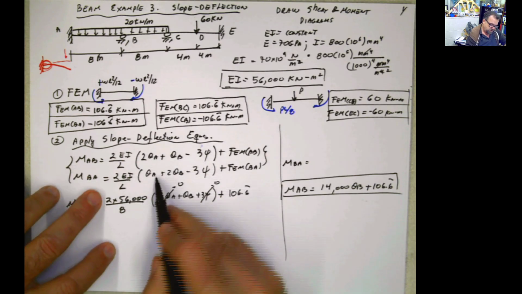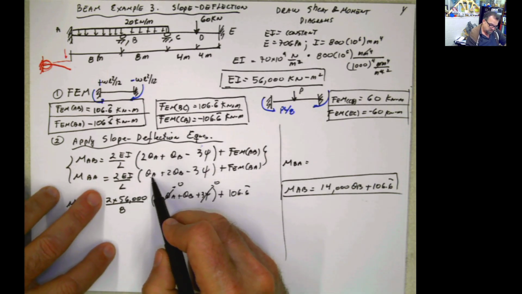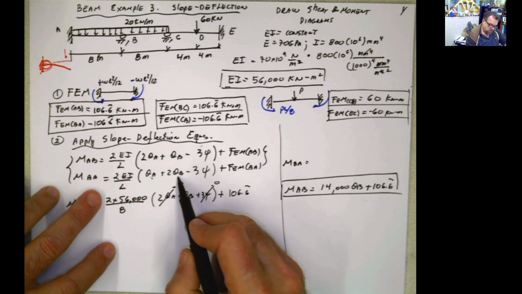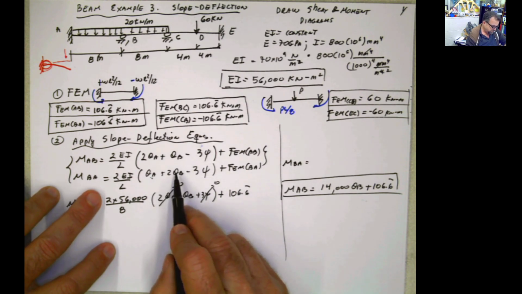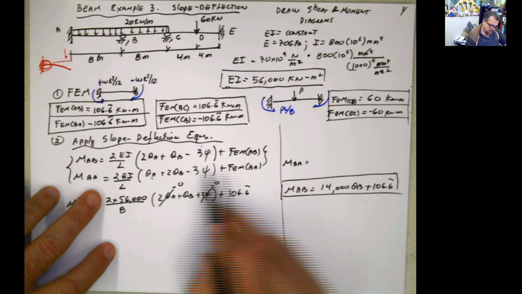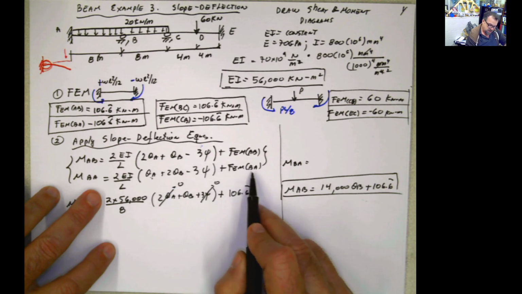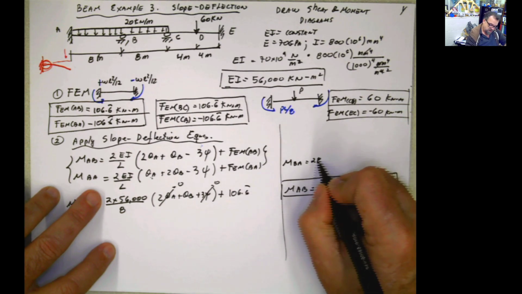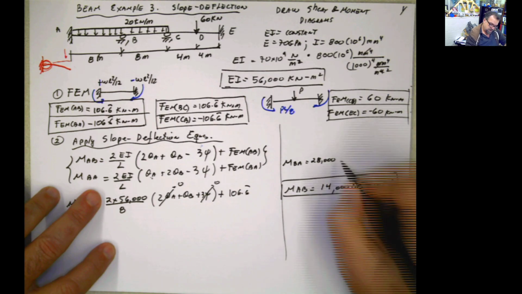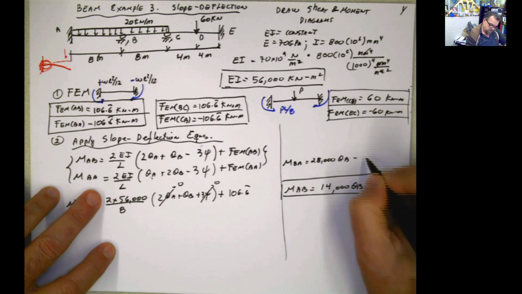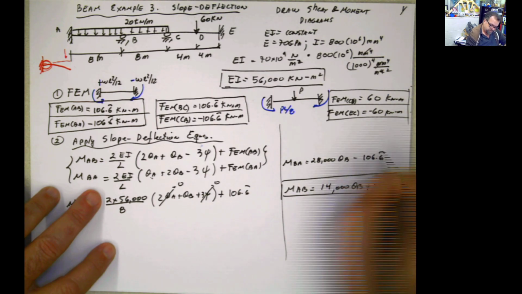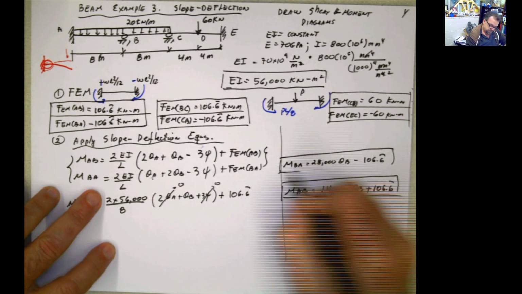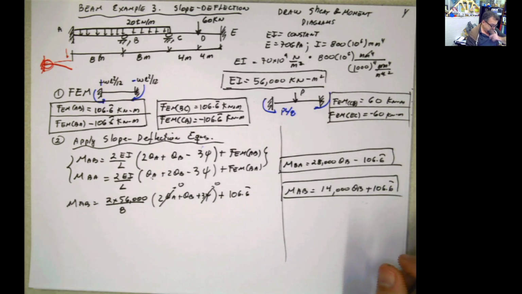What is the difference between this and that? This is 0 and this is 2 times, and this is 0, and the other thing that changes is this, which before was positive, now is negative. So this one is going to be 28,000 rotation at B minus 106.6, and this is MBA. You see?